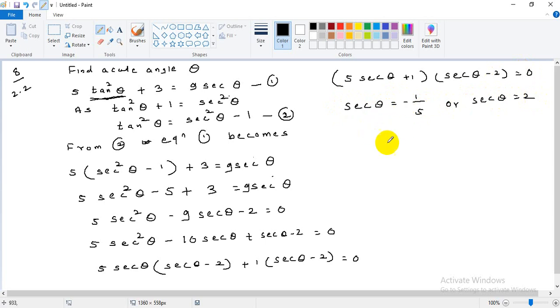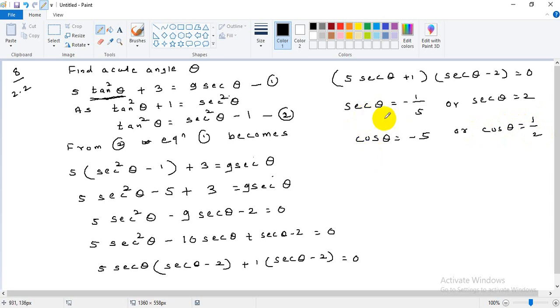Now when you say sec theta is minus 1 by 5, it means cos theta is equal to minus 5, or here I get cos theta is 1 upon 2. Why this? Because you know sec theta and cos theta are reciprocals of each other.